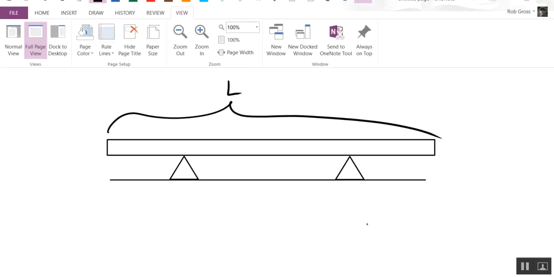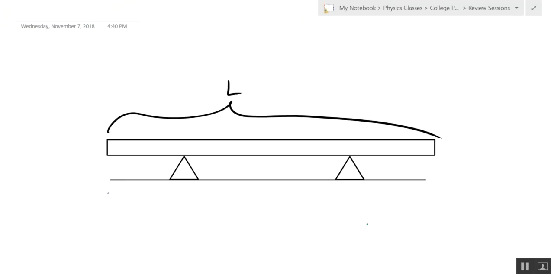So let's call this one X1. No, I don't want to use blue. I'm going to use that for the forces. Sorry. Let's call this one X1 and this one X2. So you know these things. X1 is how far support 1 is from the left end. X2 is how far support 2 is from the right end, which are given.